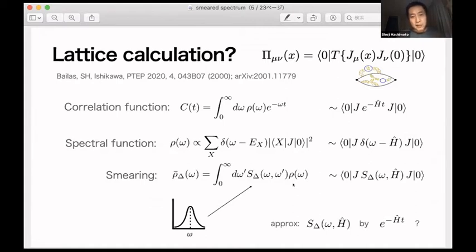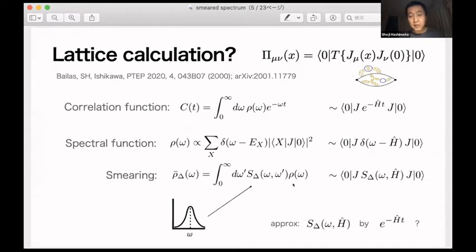By applying this smearing, the delta function in the line above can be written in a different way, S_delta of omega and Hamiltonian. The omega prime is integrated over while doing the smearing, and that variable can be replaced by the Hamiltonian.